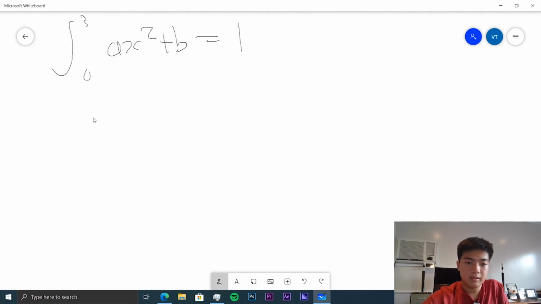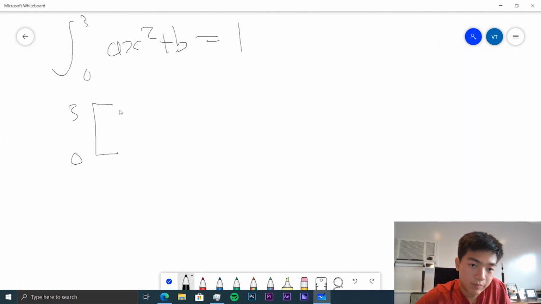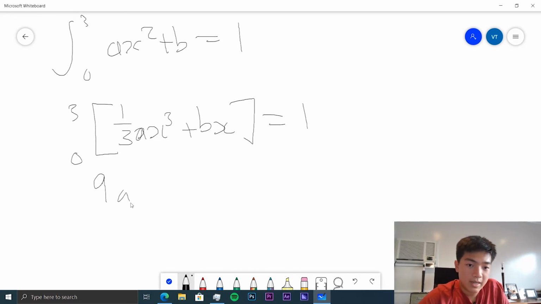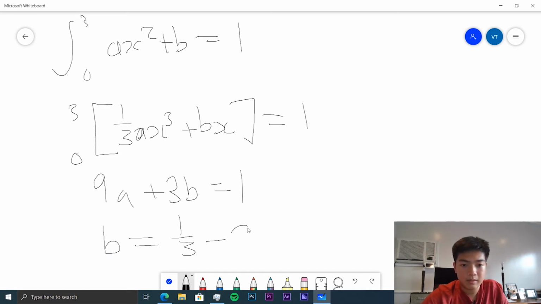So this is 1/3 ax cubed plus bx between 0 and 3, equal to 1. So 9a plus 3b is equal to 1. So b is equal to 1/3 minus 3a.